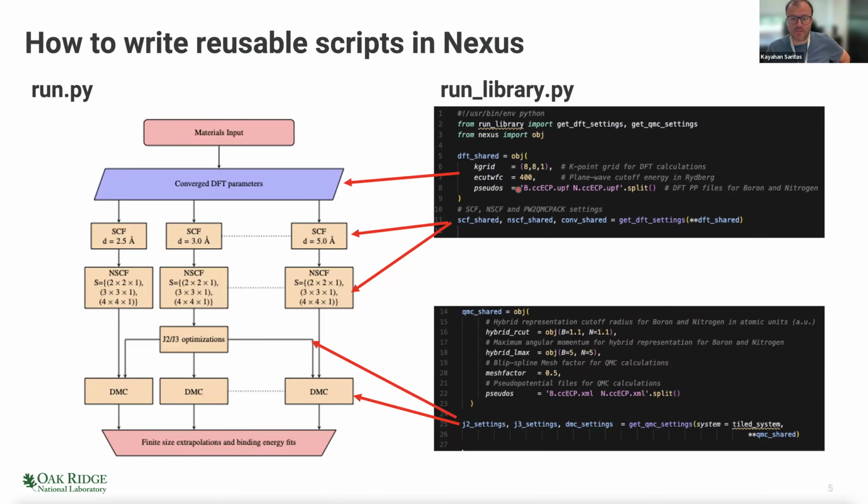Some of the things that we looked at, for the converged DFT parameters, are the K-point convergence. I'm sure many of you in the audience who have an ab initio calculation background would be able to do these types of calculations, seeing the K-grid convergence or the kinetic energy cutoff convergence.